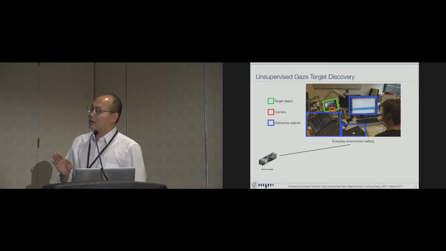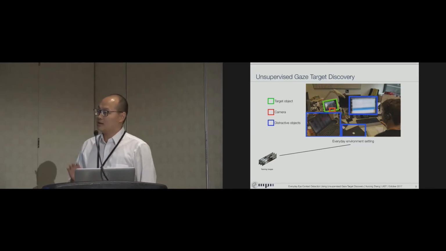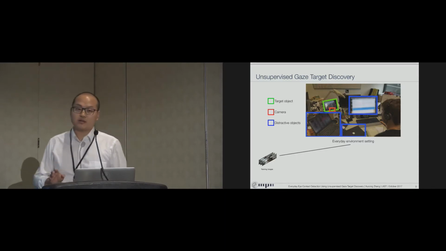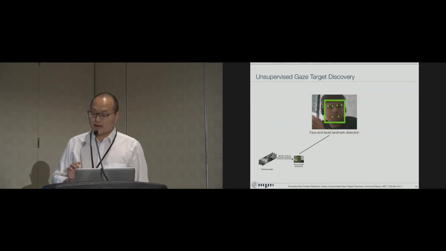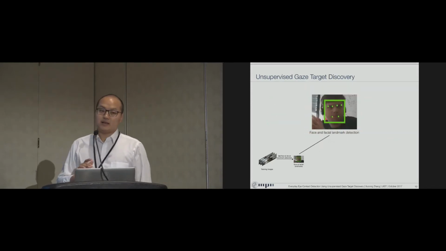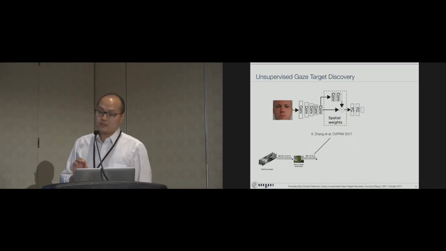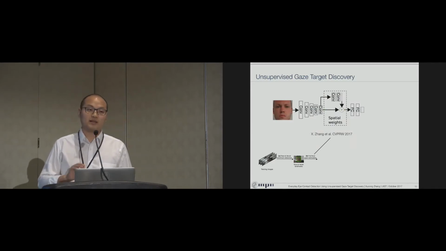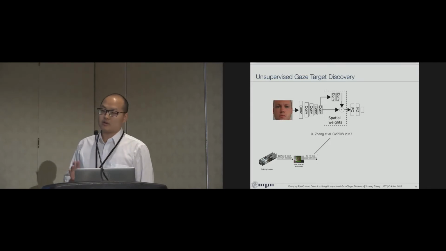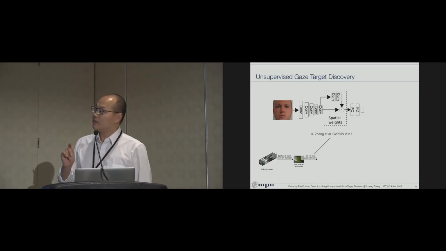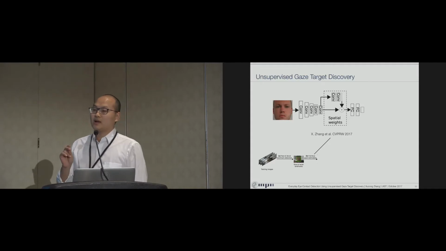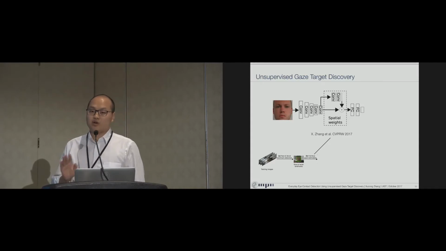With the camera attached to the target object, we collect a bunch of images from the camera, and then we perform face and facial landmark detection. Now with the face as the input, we perform appearance-based gaze estimation with one of our peers' works. And with this appearance-based gaze estimation architecture, we output the gaze direction in the camera coordinate.